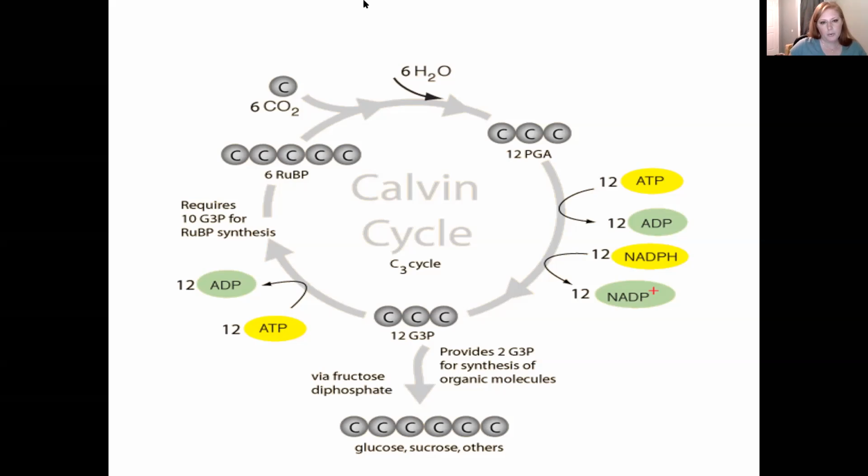Notice that we come in with carbon dioxide, the 6CO2 from our formula. It's going to meet something called RuBP. What does that stand for? It's like a bisphosphate or something like that. It's been a minute since I've had to think about what that stands for.